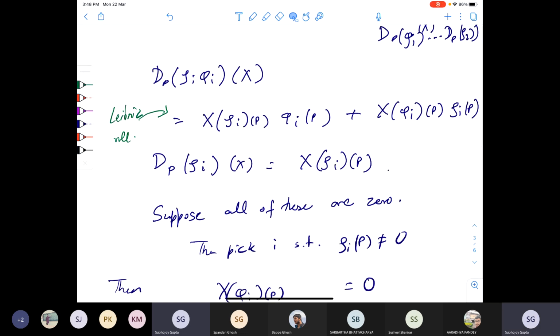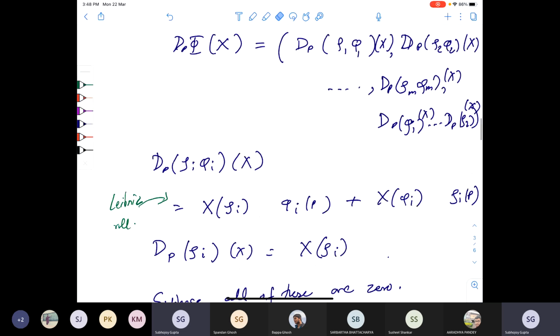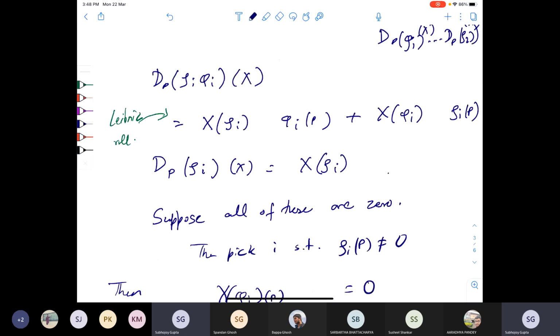Maybe I shouldn't have written it as x of p. These are all x. I wanted to mention p because this is where all the action is happening. But x is already at p, right? It's a tangent vector at p. So yeah, thanks. Maybe I should have written this.